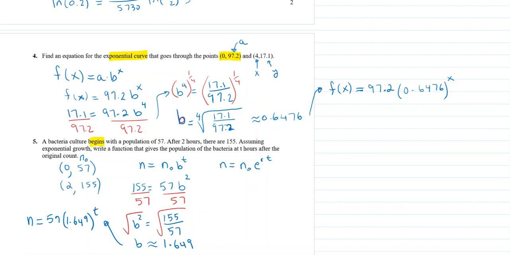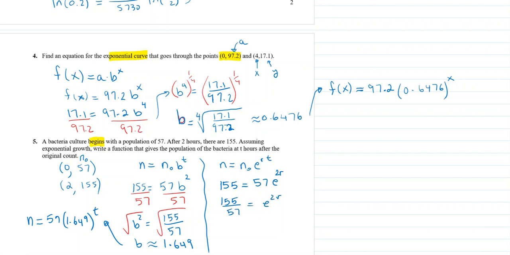You could have also gotten the answer in this form if you put, again, 57 for n sub 0 and 155 for n. And then we don't know what r is. e is a constant, and t is 2. So I'll just write it as 2r. Then you would divide both sides by 57 again.